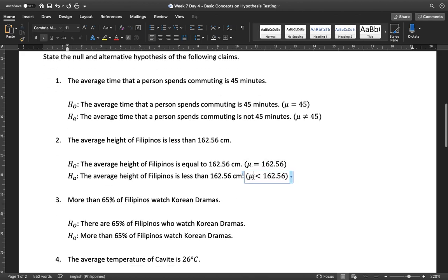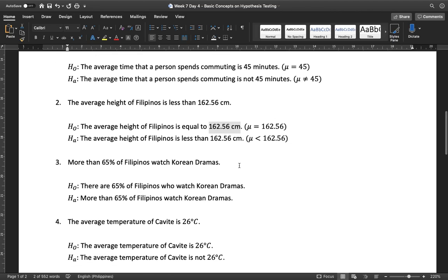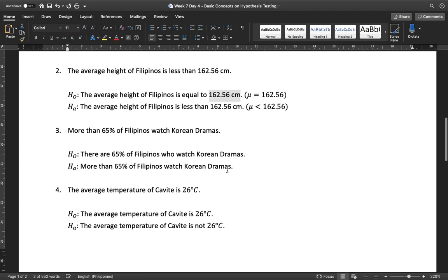So, the population mean is less than 162.56 or equal sila. Equal, bakit? Kasi null hypothesis. Hindi naiiba yung parameter natin na average height doon sa hypothesized value na 162.56. So let's have the third and the fourth.